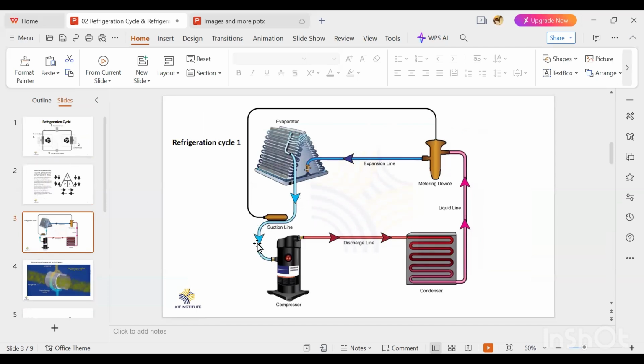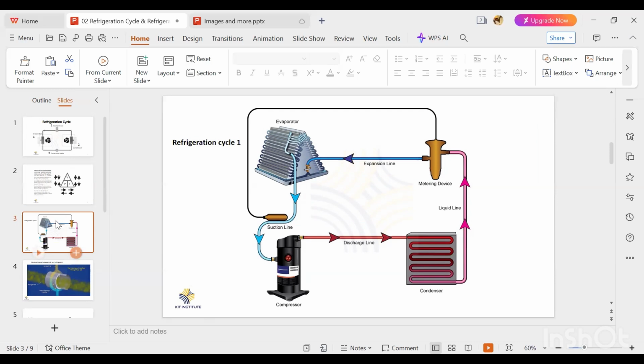If you measure pressure along this line, from the evaporator into the compressor, that is the suction pressure, or low side pressure, or low pressure of the system. It will be on the suction side of the compressor.